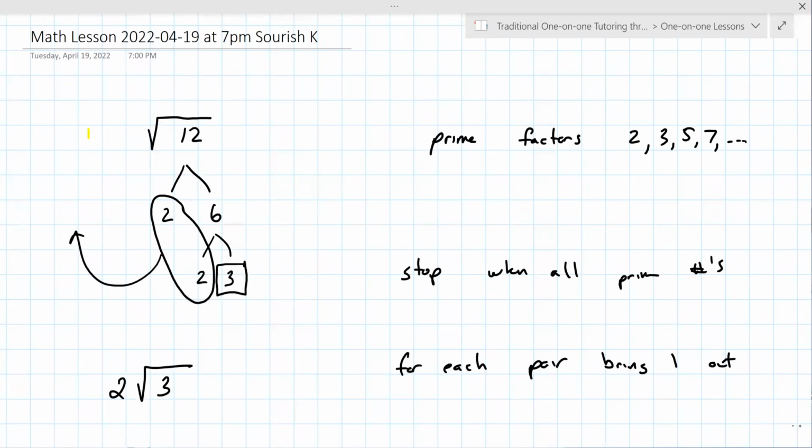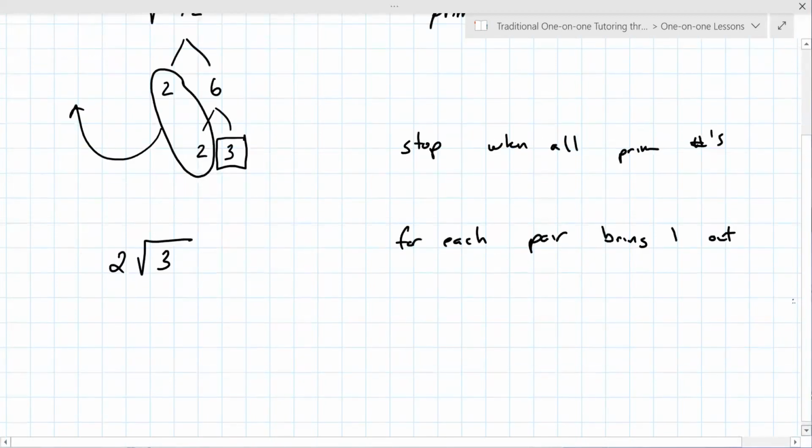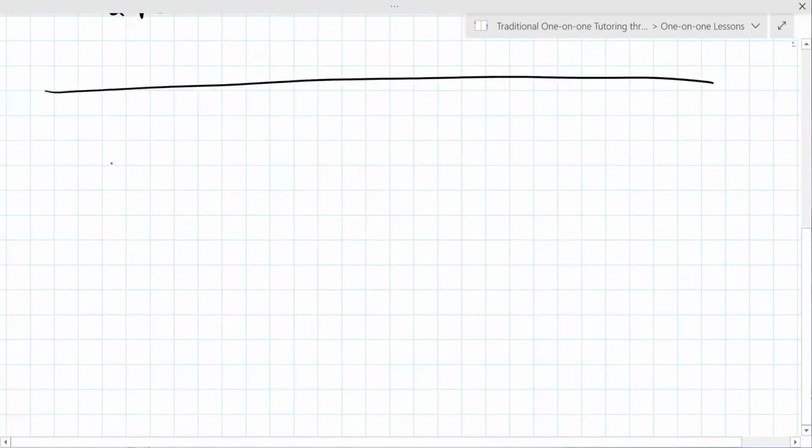So we're going to do a slightly more difficult one here. Let's go with the square root of 20. You start with 2. Does 20 divide by 2? Yes, 10. And you do the same thing.